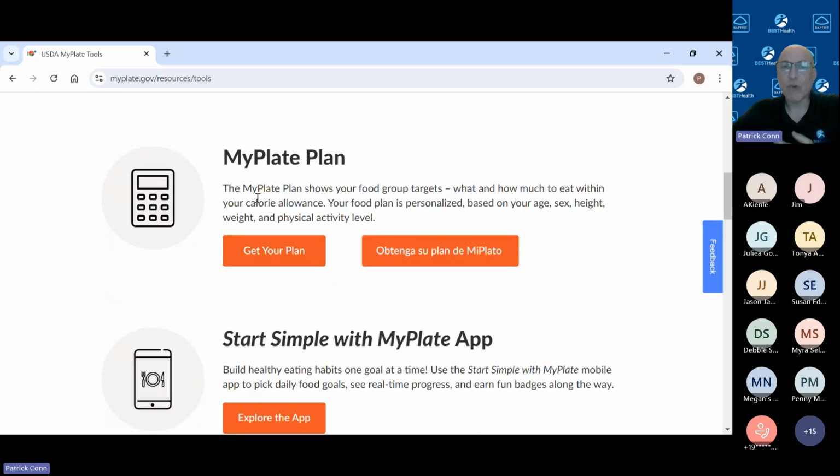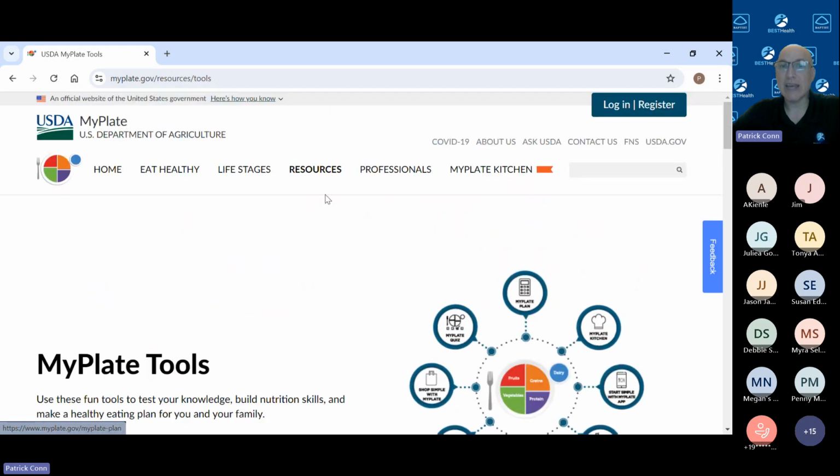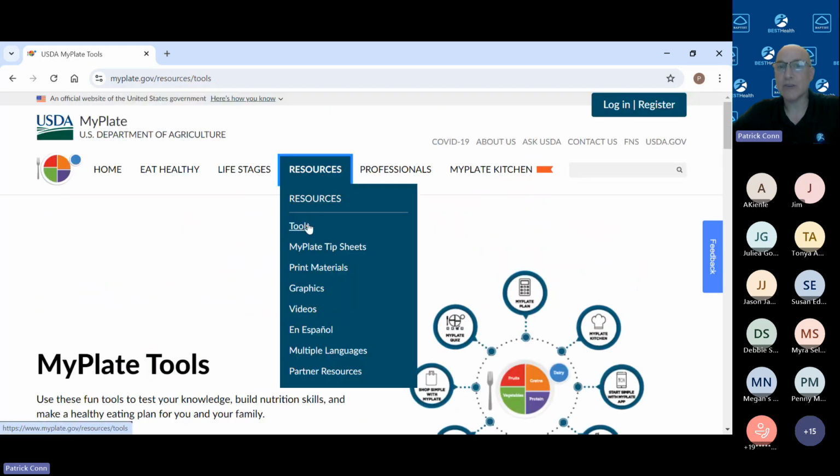And of course, I know everyone can read, but it says the My Plate plan shows your food group targets, what and how much to eat within your calorie allowance. Your food plan is personalized based on your age, sex, height, weight, and physical activity. So you can generate your plan right here. It's called the My Plate plan. And again, it's under resources and tools.